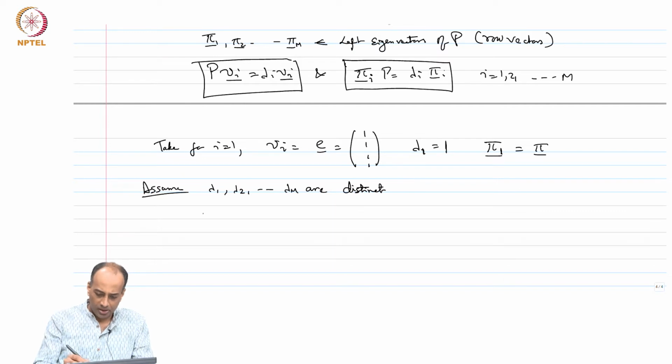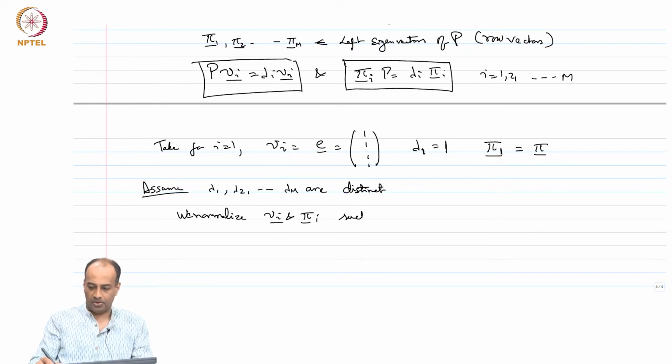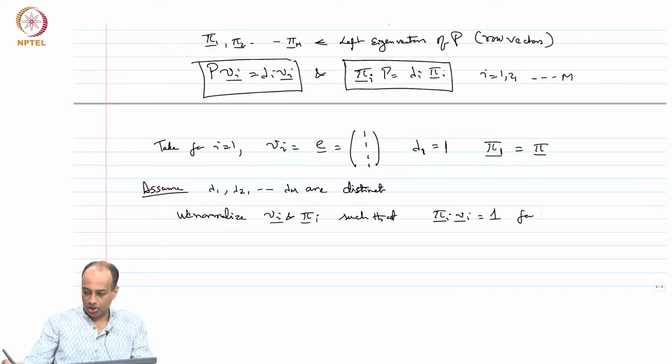And also we normalize nu I and pi I such that pi I nu I is equal to 1 for all I. Okay.